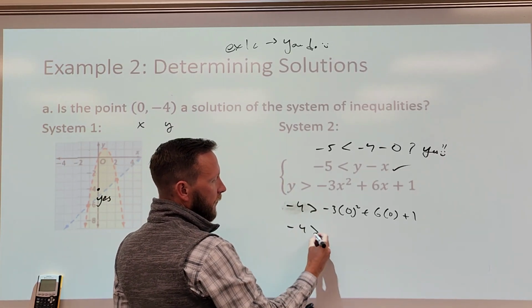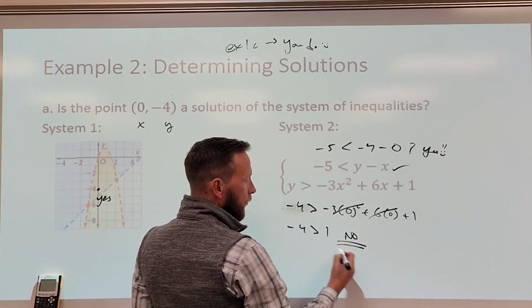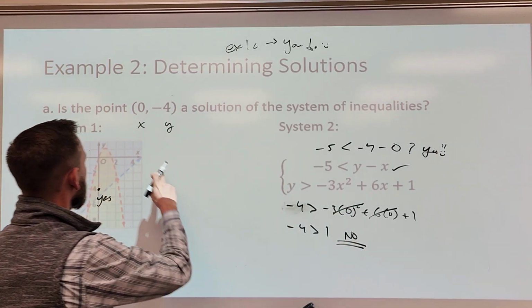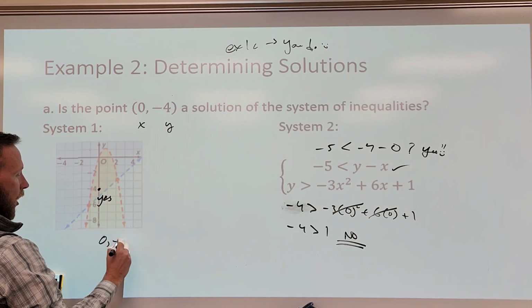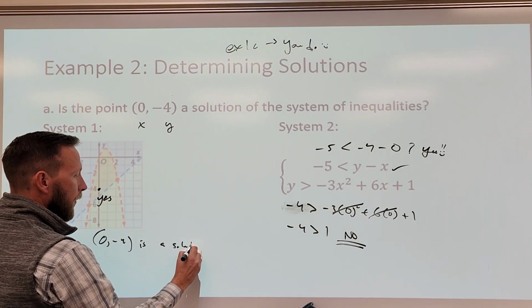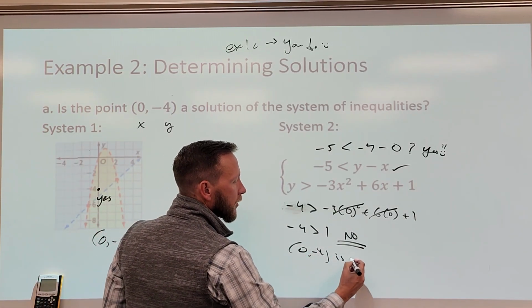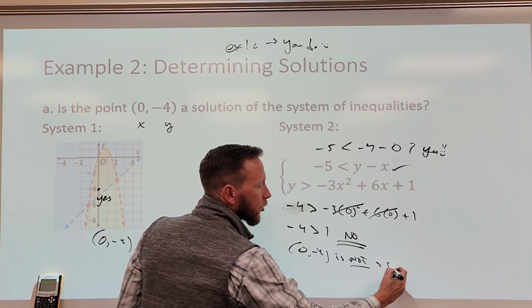Does it work? Is -4 greater than, that's 0, that's 1? No. All right? So this is a solution. 0, -4 is a solution. Over here, 0, -4 is not a solution.